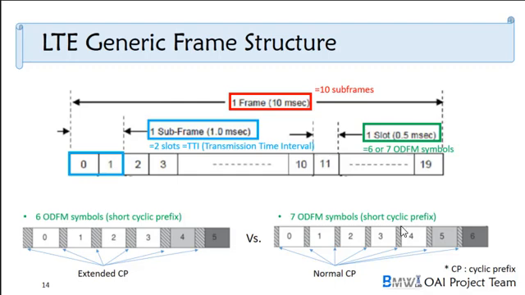ISI means inter-symbol interference. But if you have a long extended CP, you will have a shorter time to transmit the symbol. So there are advantages and disadvantages.